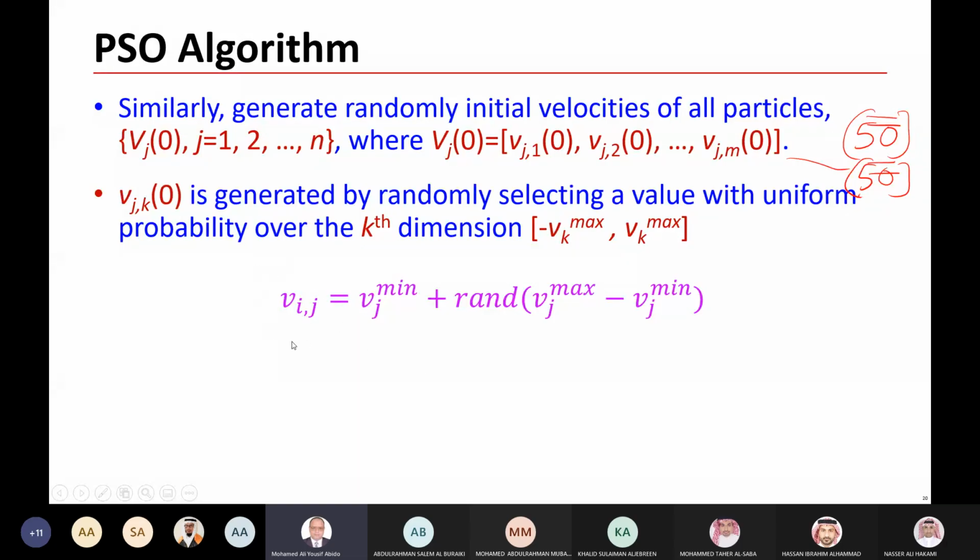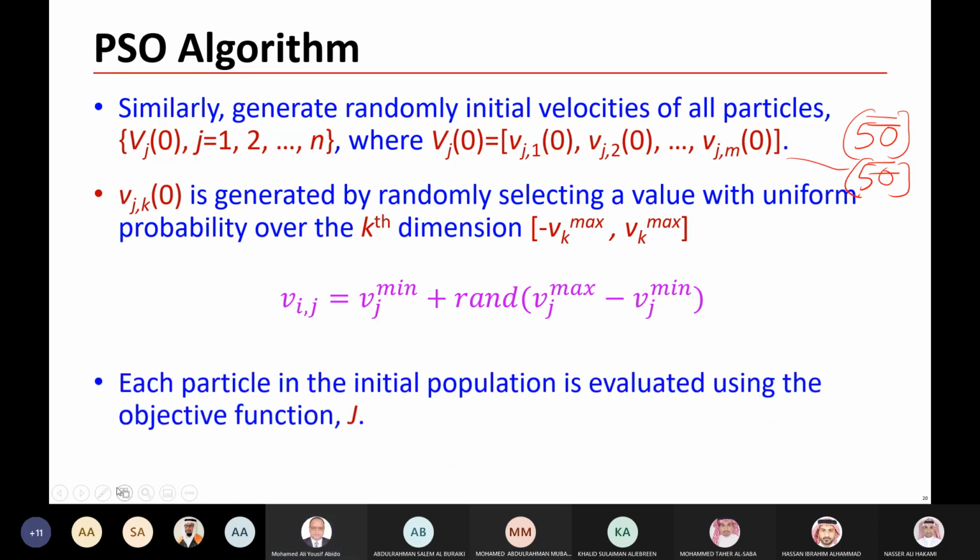Velocity of each particle equal to minimum velocity, which is minus maximum, plus random number between maximum and minimum. So you can generate the velocity similar to the position. You generate also 50 velocities for the population.